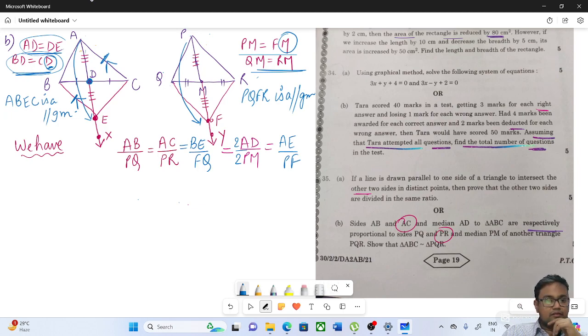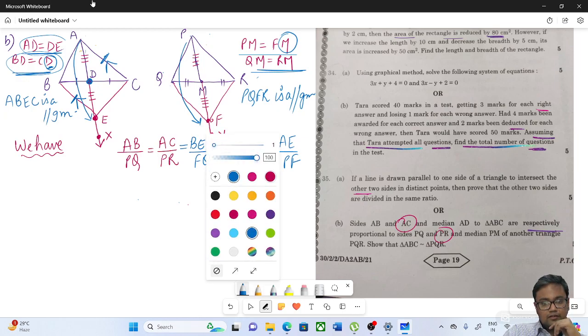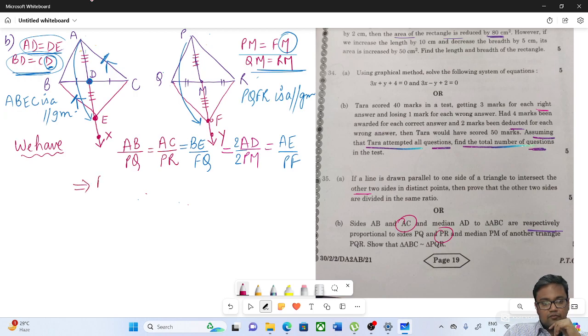We can write it like this. So now let us see, let us write only the things which we require from this equation. AB upon PQ, we need BE upon FQ, we need AE upon PF.